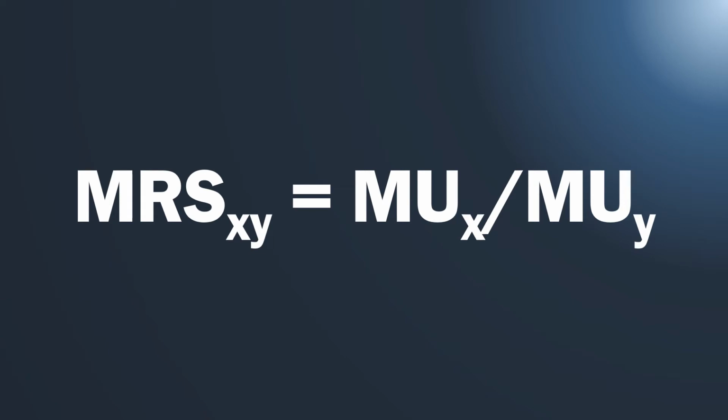So what we can say is that the marginal rate of substitution is equal to the marginal utility of x over the marginal utility of y. In the last case, our marginal rate of substitution of xy was 3. And then at that point, what was our marginal utility of x? Well, our marginal utility of 1 unit of x had to be 3, whereas the marginal utility of y is only 1, right?